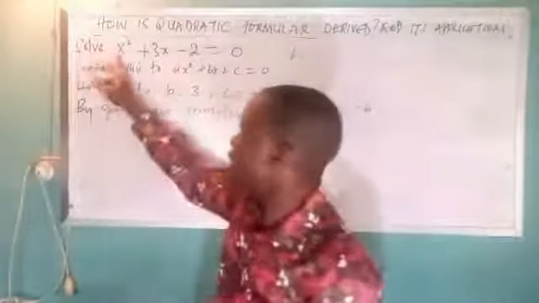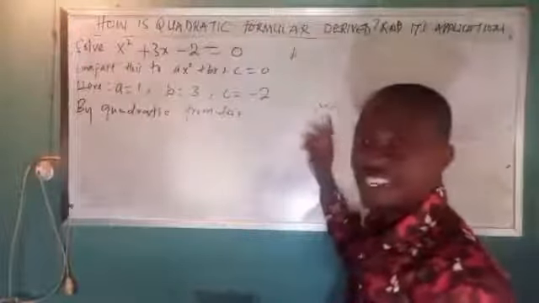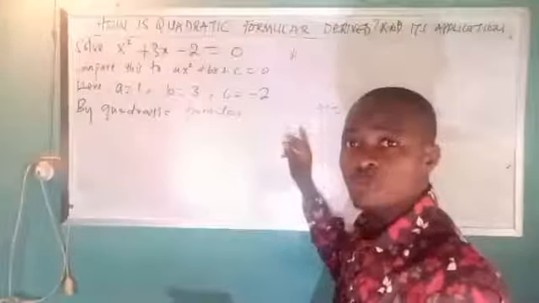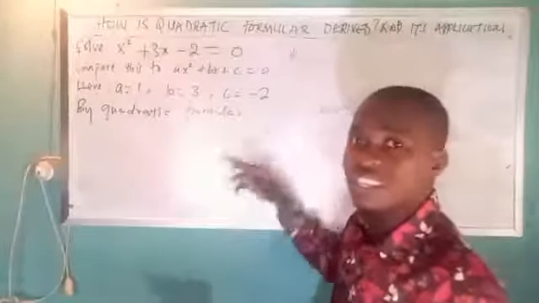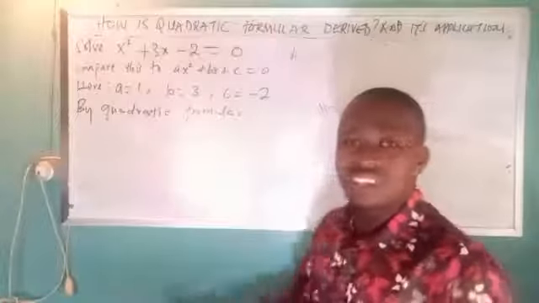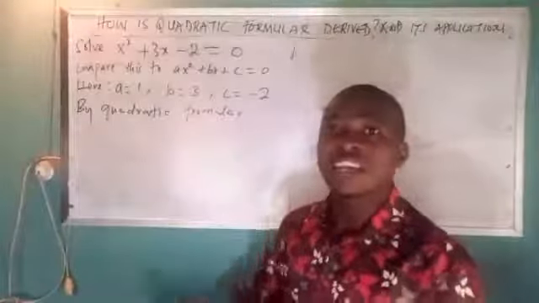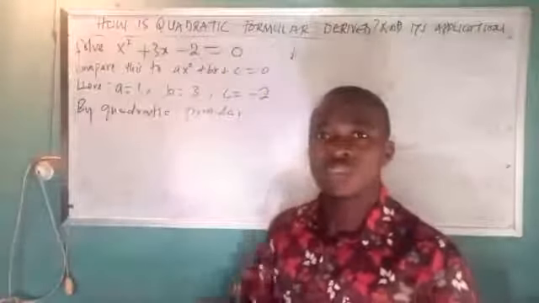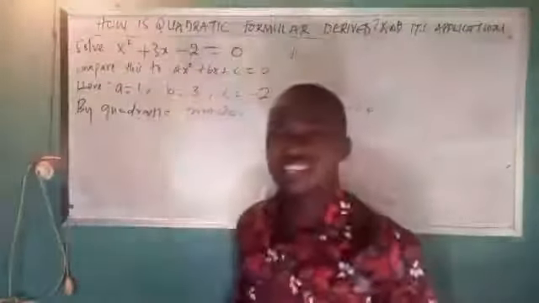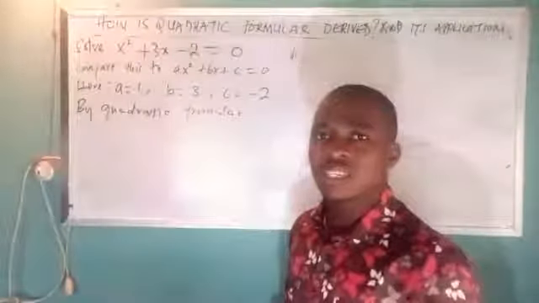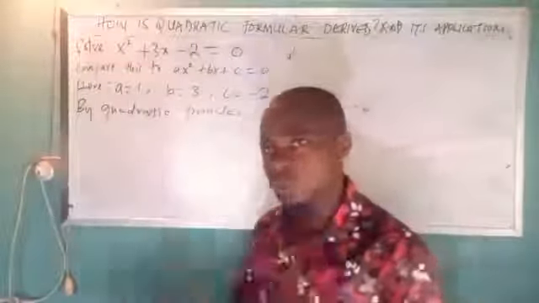So let's say we have y here. Instead of x equals, we have y equals. If it is p, you have p equals. If it is anything, you have that equals. It's not necessary that you must write x. The reason we have x is from the general equation of quadratic, where the variable is x. That's why we derive it to be x. So if it is y we use, we put y.